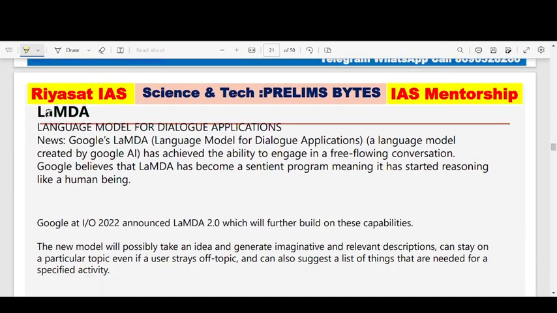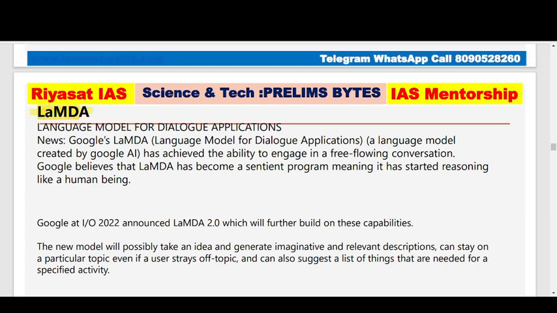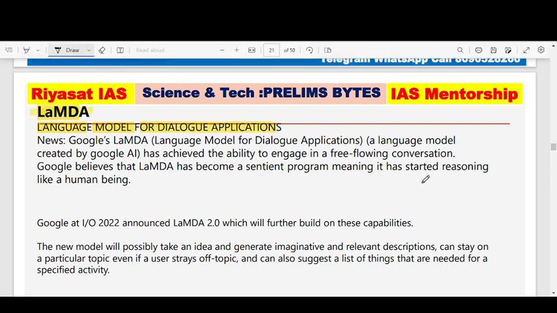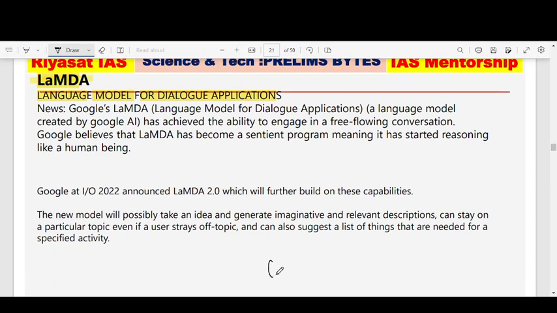Moving on to the next topic, that is LaMDA. This is not the lambda which you studied in maths during college. This is a different thing. It is the Language Model for Dialogue Applications. What is it? You must have seen some chatbots which talk with you when you need assistance.